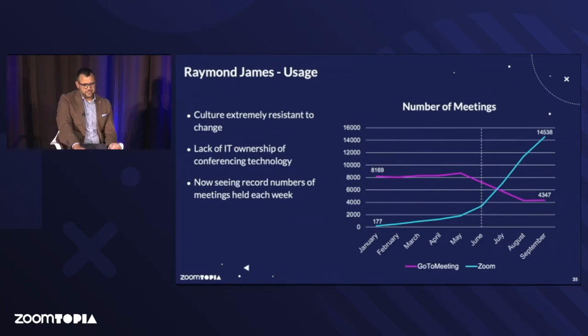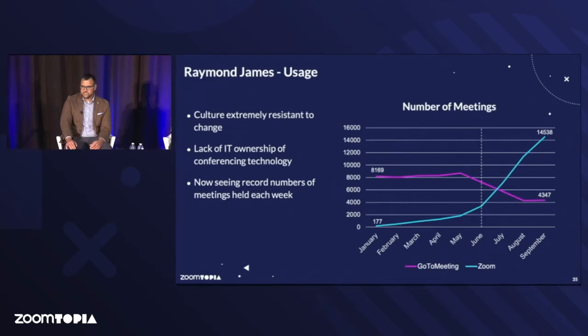What we've seen, and this chart's a little interesting, we started with a pilot of Zoom in December. When I started, we had 20 demo licenses in use. We didn't actually announce Zoom to anyone at the firm until June 9th, which is the dotted line that you see on the chart.